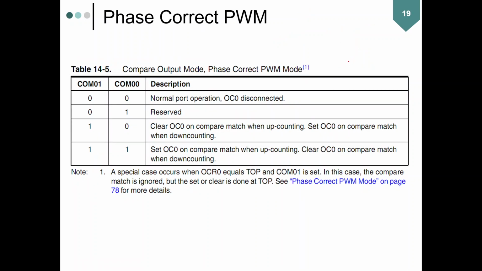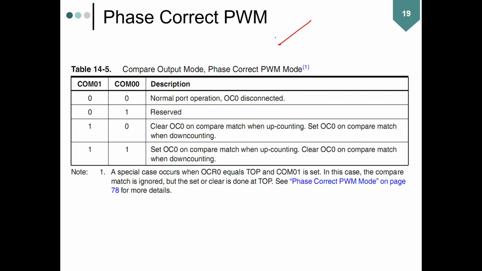In the phase correct mode, the PWM behavior is changed. 00 is again for normal operation, 01 is reserved. 10 again clears OC0 on compare match when up counting, and sets OC0 on compare match when down counting. The difference between fast PWM and phase correct PWM is something we are going to see in the next slides. Fast PWM relies only on up counting, whereas phase correct PWM relies on down counting as well.